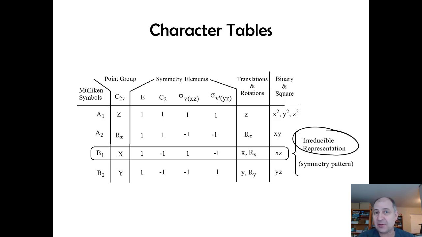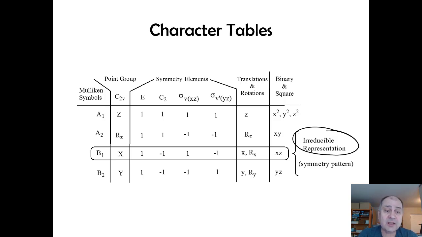And yes, I know this is a lot of information, and where am I going with this? Just bear with me. When we're done with it, you're going to be looking at how many IR and Raman bands there are and what symmetry patterns are responsible for those bands, and that can help us with our infrared spectroscopy. So anyway, back to this character table.